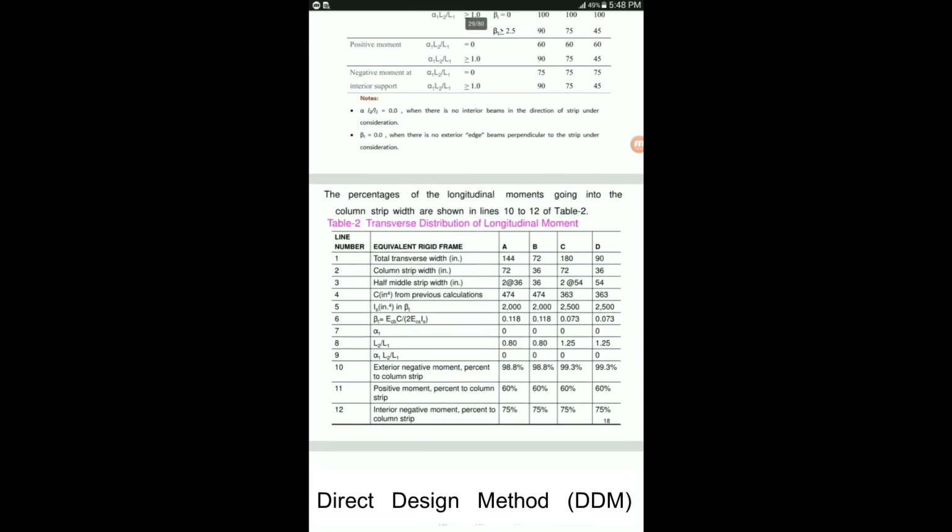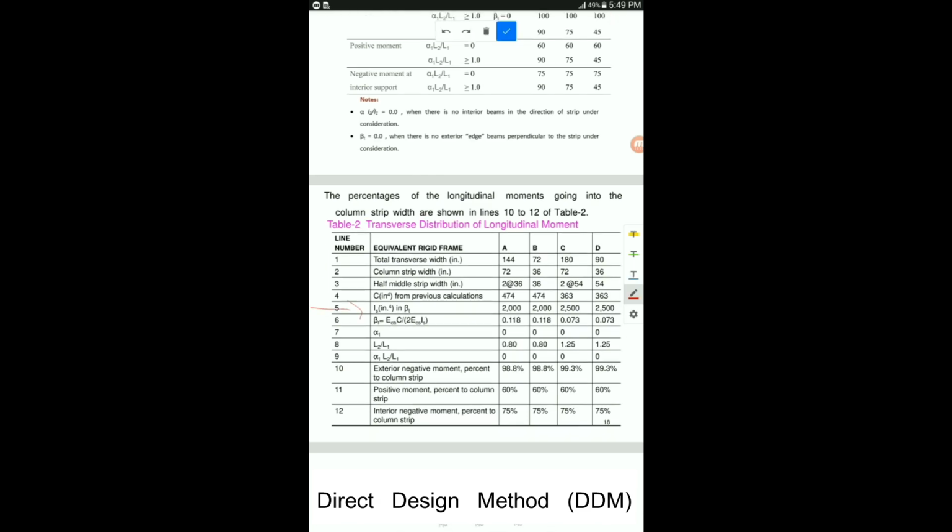So this is the table which has been formed for each of these things. I'm just going to explain a few things. The rest of them are similar to what we explained in previous numericals of designing a conventional slab beam system using DDM. At location 5, there is a calculation done for the moment of inertia of the slab in beta t. It's very simple.